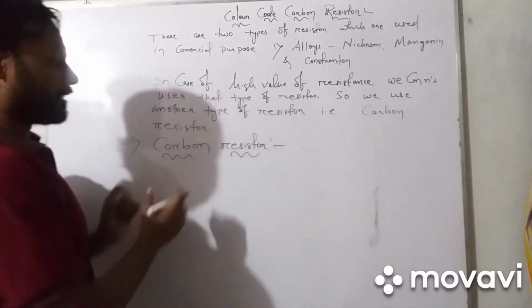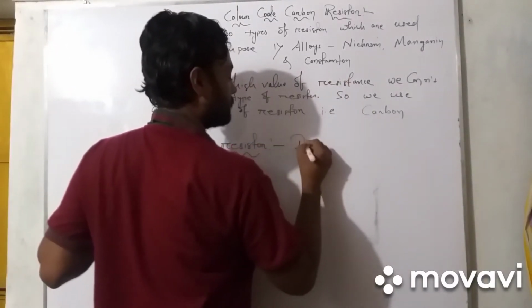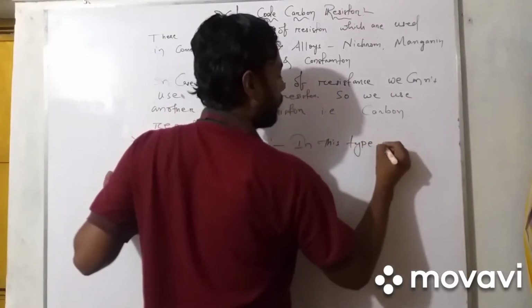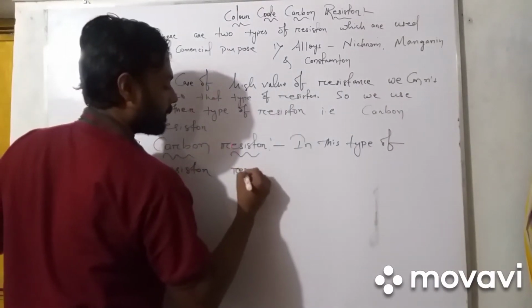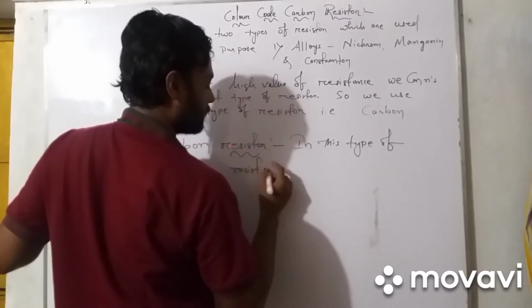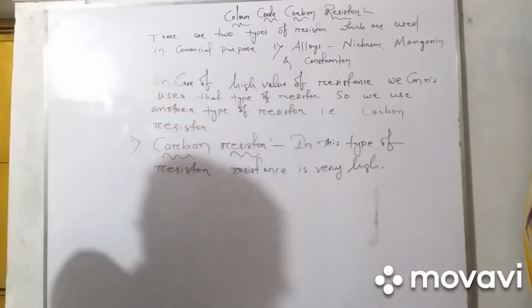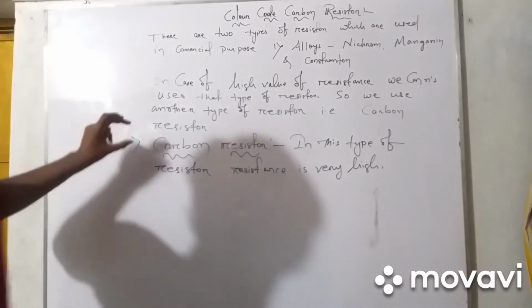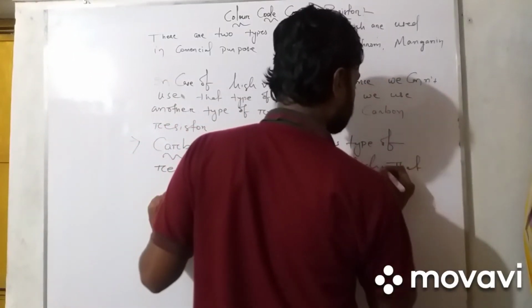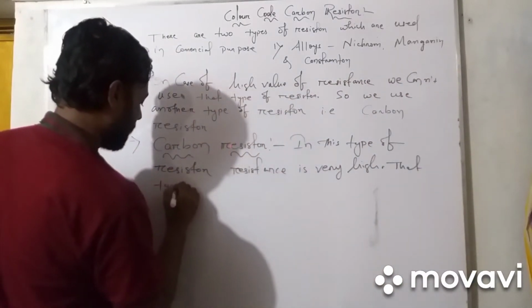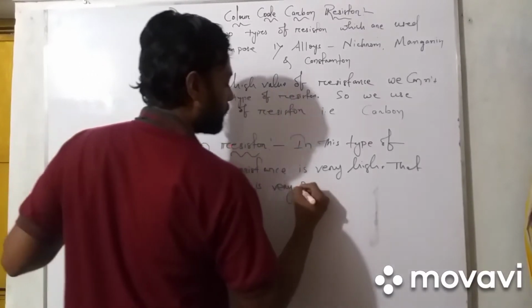In a carbon resistor, the resistance is very high, and that type of resistor is compact, of very small size.